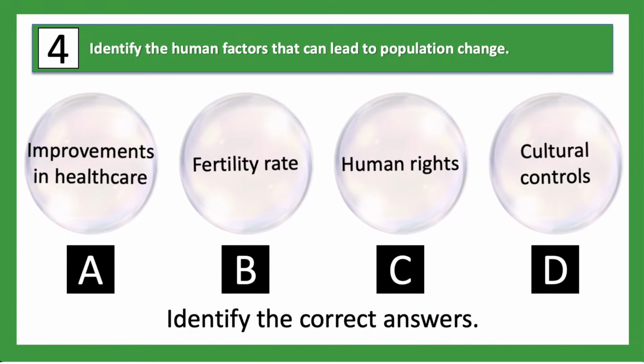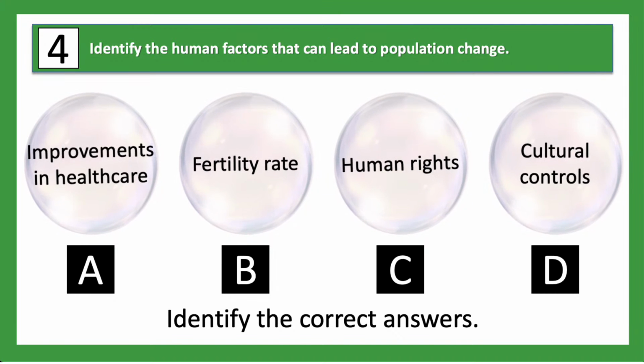Question number 4, identify the human factors that can lead to population change. Once again, read the question carefully. Identify the human factors that can lead to population change. Jot down your answers. Could be none of them, or 1, 2, 3, or all 4 of them.